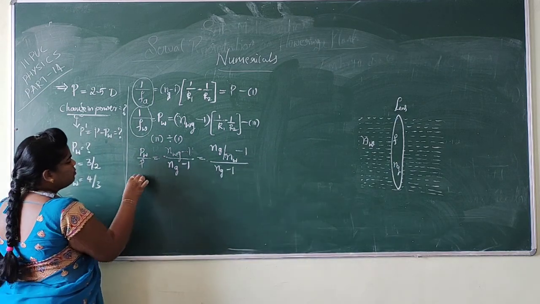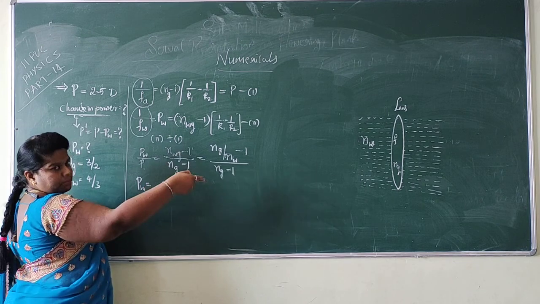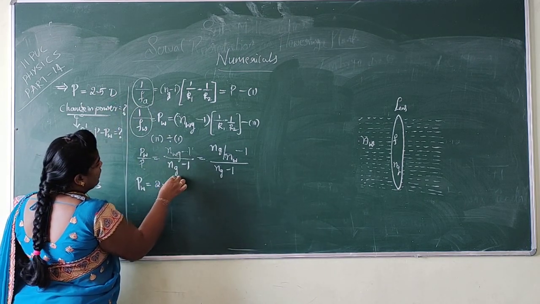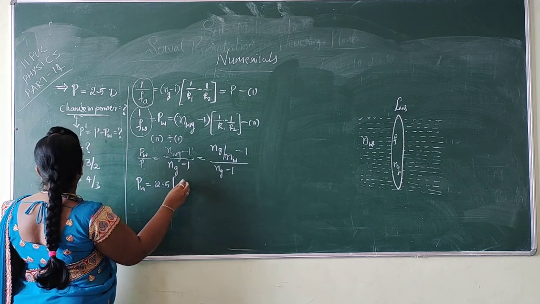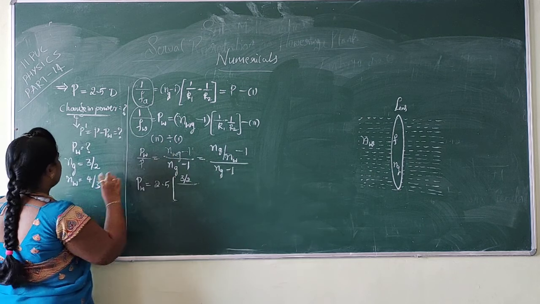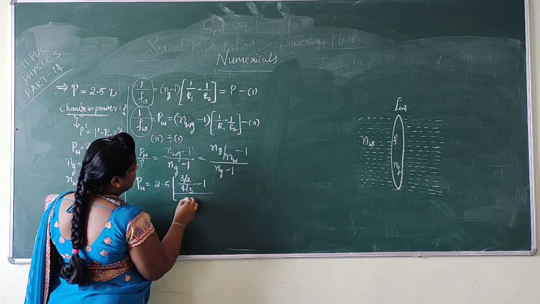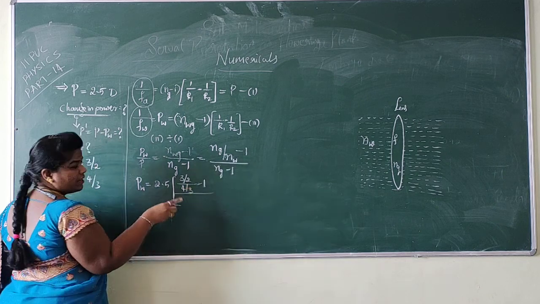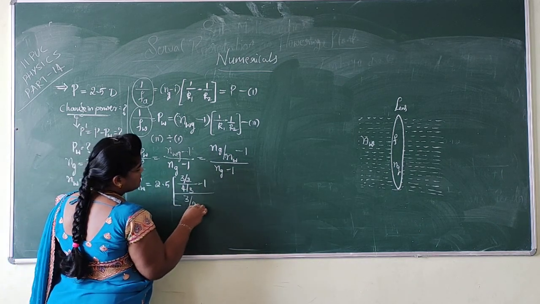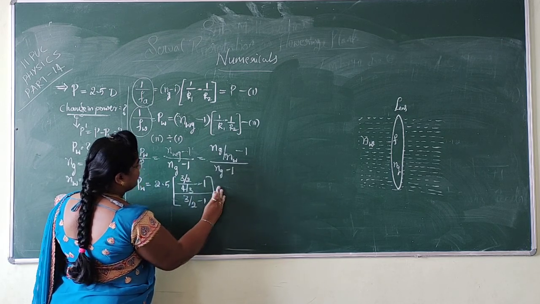Then PW is equal to P, which is 2.5, into NG is 3/2 and NW is 4/3 minus 1, divided by NG is 3/2 minus 1. Dear students, I am just substituting it here itself.